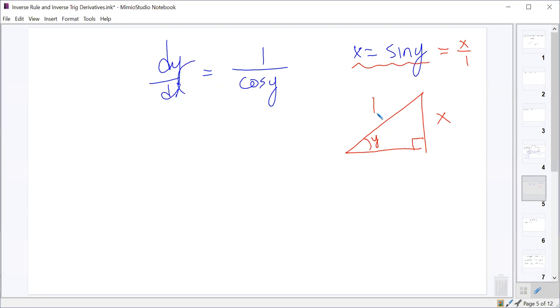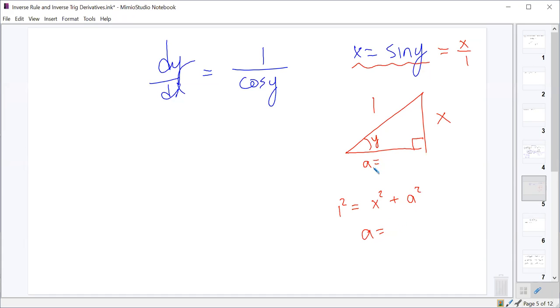True. Using the Pythagorean theorem, what does the third side become? 1 squared equals x squared plus, I don't know, whatever this thing is, we'll call it a. What does a equal? Cosine y.